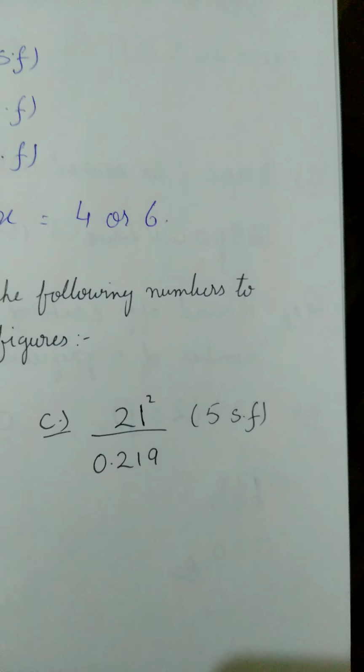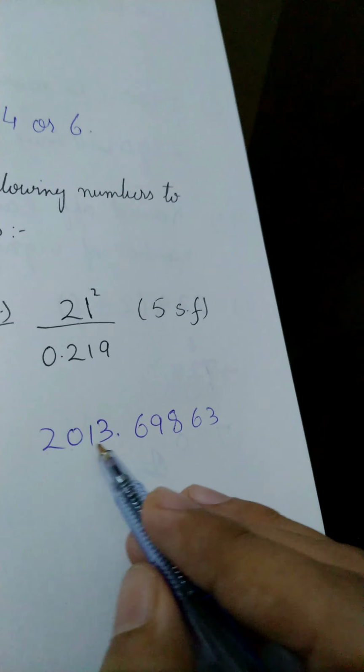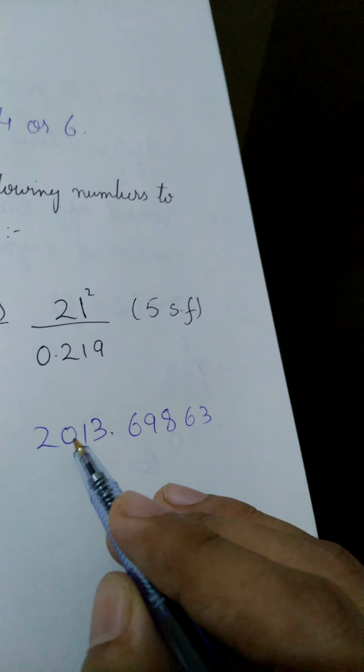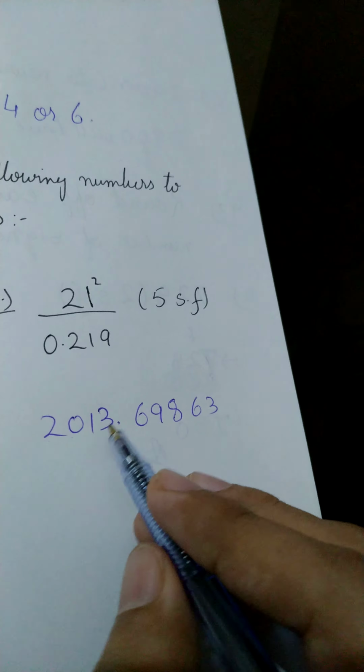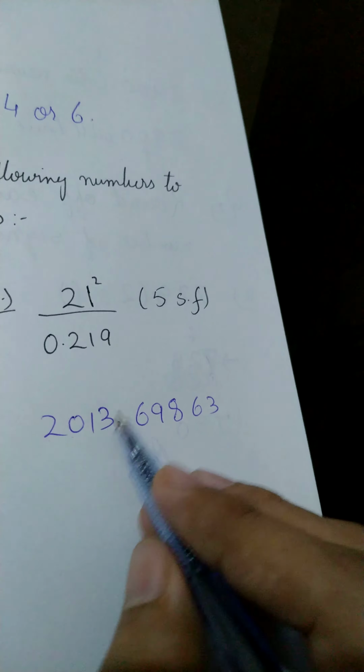Let's find out where the fifth significant figure is. 2 0 1 3, all four of them will be significant, because this 0 is between these two non-zero numbers. 1 2 3 4 5, you can see 6 is here. So this 6 will also be considered significant.